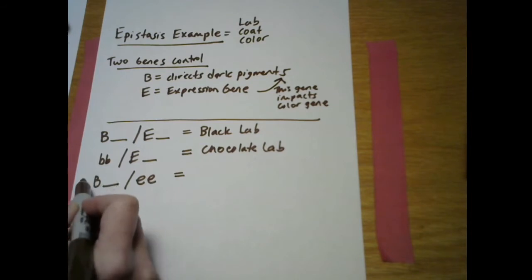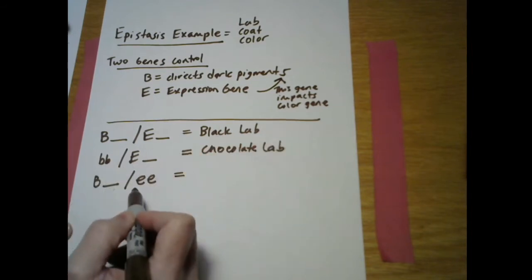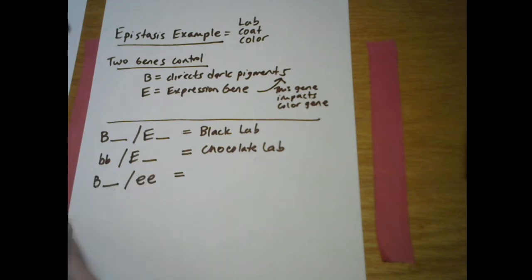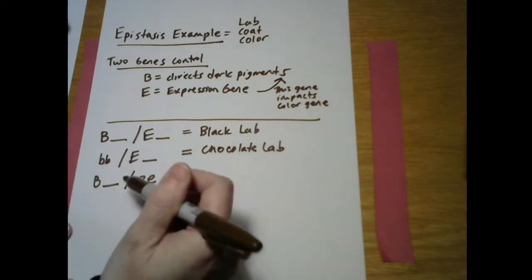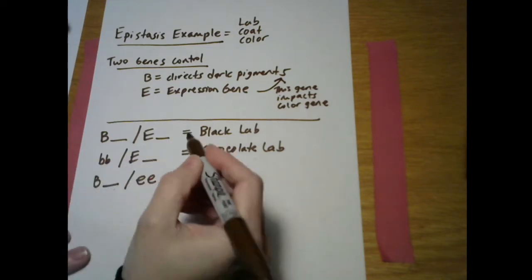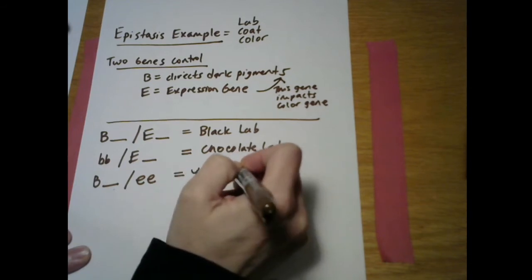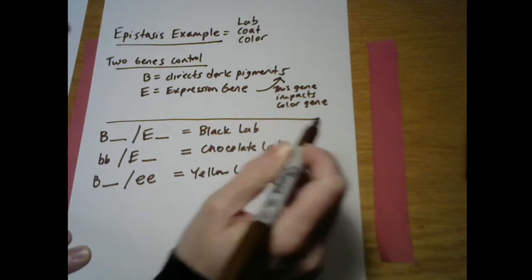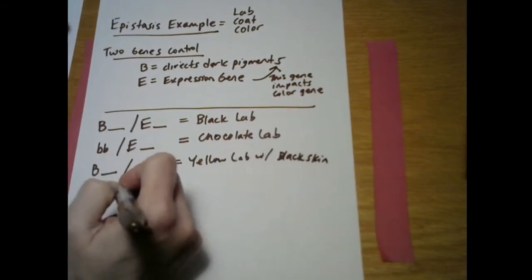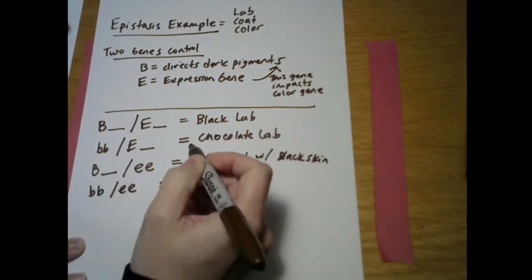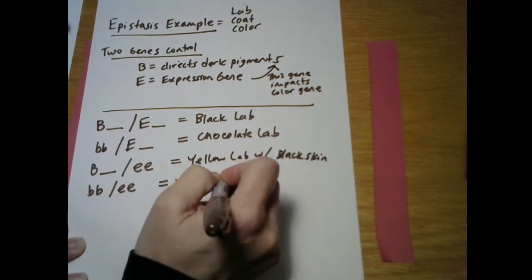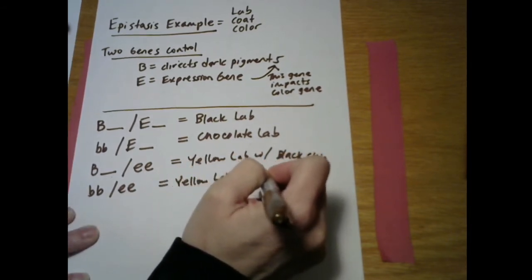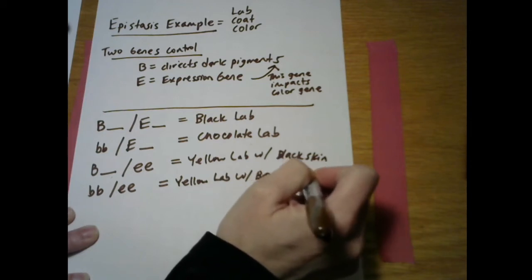So the black skin is from this gene over here, but the absence of this expressor gene means that the blackness isn't pulled all the way from the skin down the shaft and expressed along that hair follicle. So this one is going to give us a yellow lab with black skin. Or if we have lowercase b, lowercase e, we get a yellow lab with brown or light skin underneath that coat color.